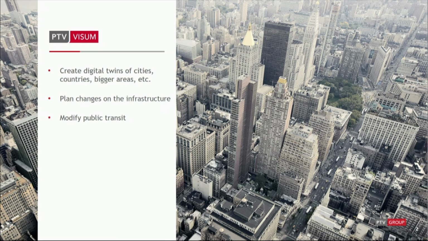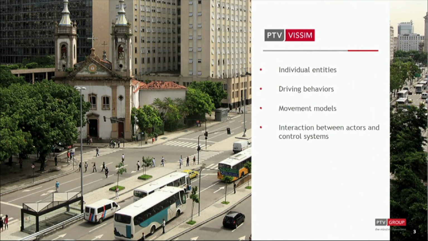Traffic here is modeled as a flow, whereas on the microscopic side, all the individual entities or agents are simulated independently. Each individual entity can be, for example, a car, a bus, a tram, a bicycle, a motorcycle, or even pedestrians. What these entities or agents have are driving behaviors and movement models.